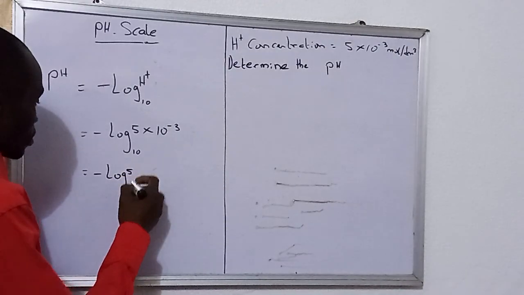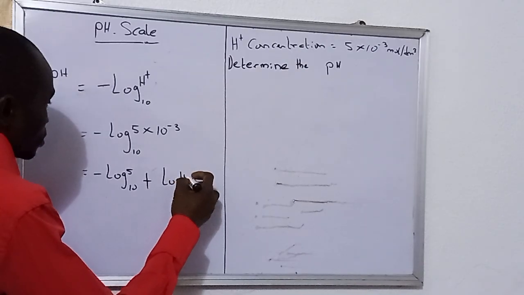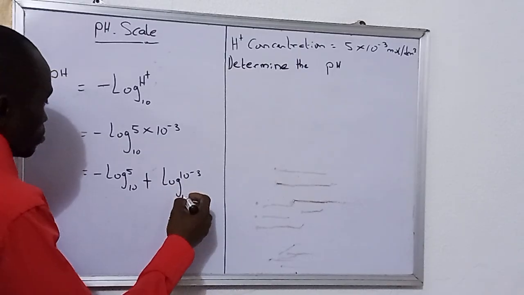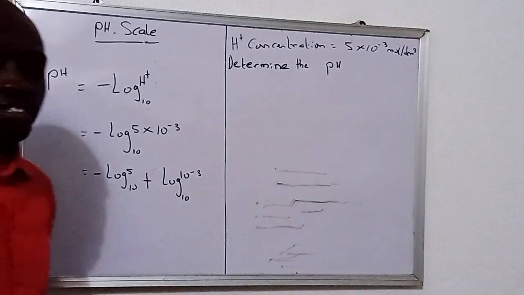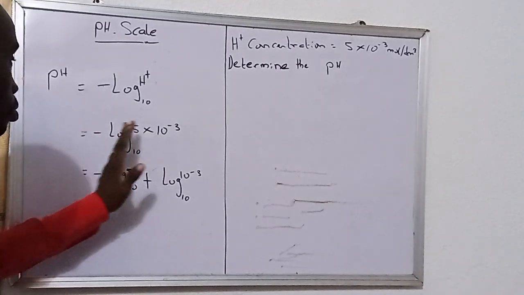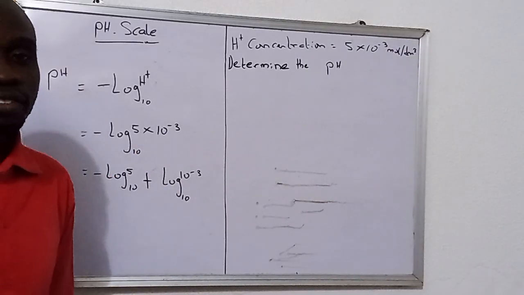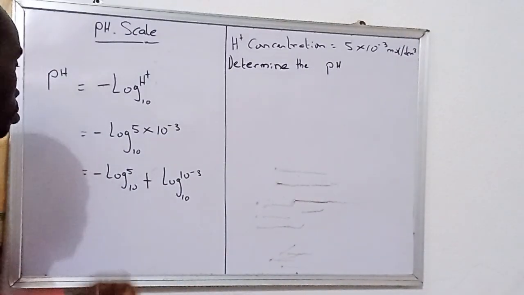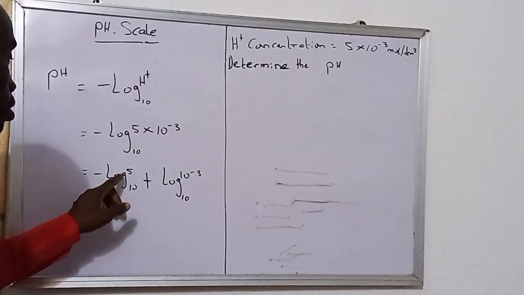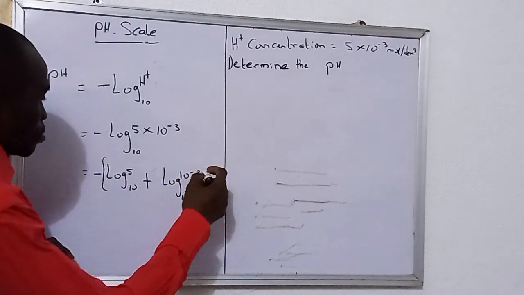So that is minus the logarithm of 5 to base 10, then plus the logarithm of 10 to the power minus 3 to base 10. Can you see it now? So after changing, the logarithm walks through 5 and that of 10. Let me put this in brackets for safety.